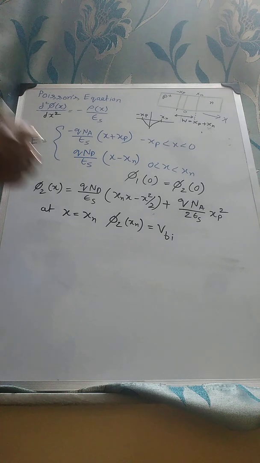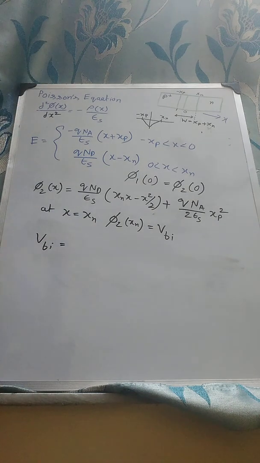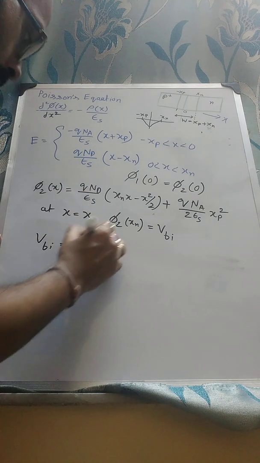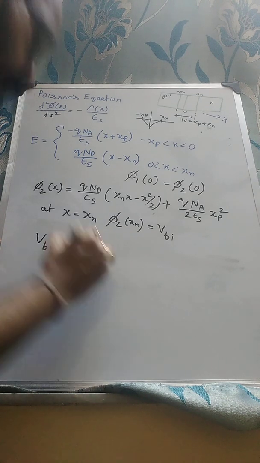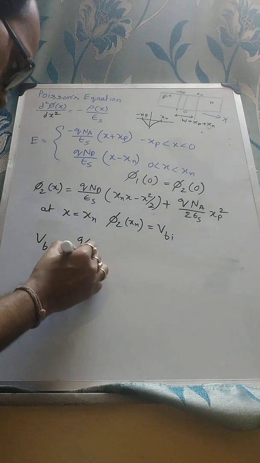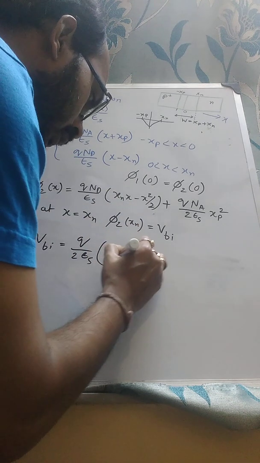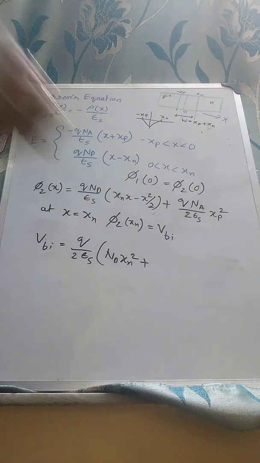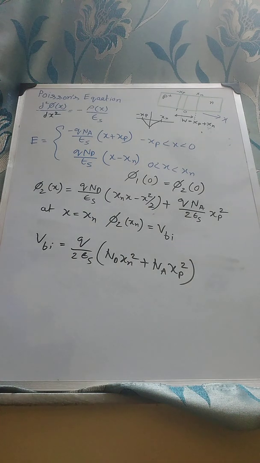So now if you try to find out what would be the potential difference, VBI is nothing but q by twice epsilon s times (nd xn square plus Na xp square). So this is the value of VBI, right?